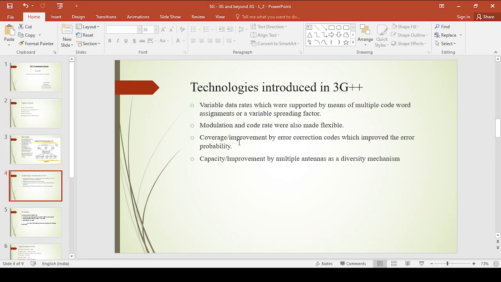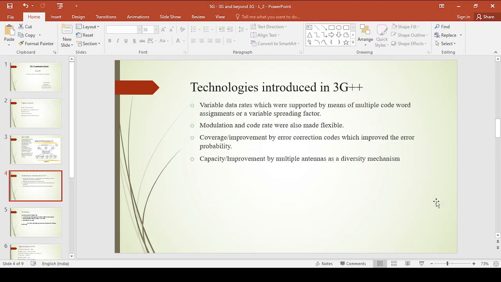The next one is coverage improvement by error correction codes. The error correction code technology is introduced in 3G++. We have different codes like turbo codes and convolutional codes.